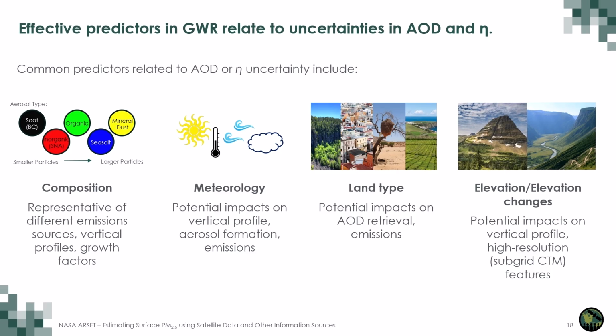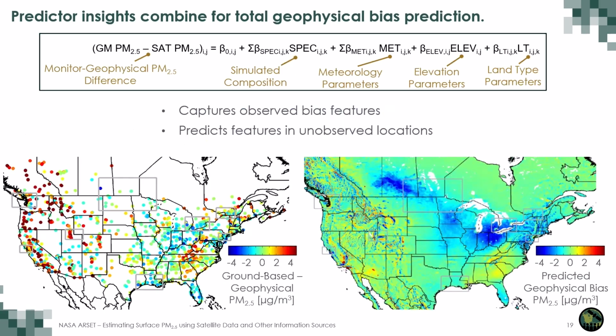A mountain or valley can often occur at scales well below this, with obvious implications for how AOD relates to PM2.5. In essence, a predictor such as elevation changes is not so much accounting for errors in a model, which could be correctly representing the average conditions at the simulated resolution, but still need adjustment to account for the impact of features that occur below the model's resolution.